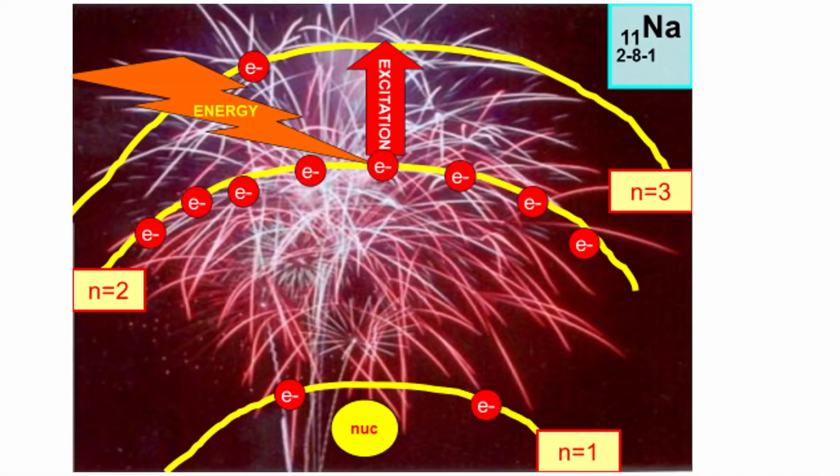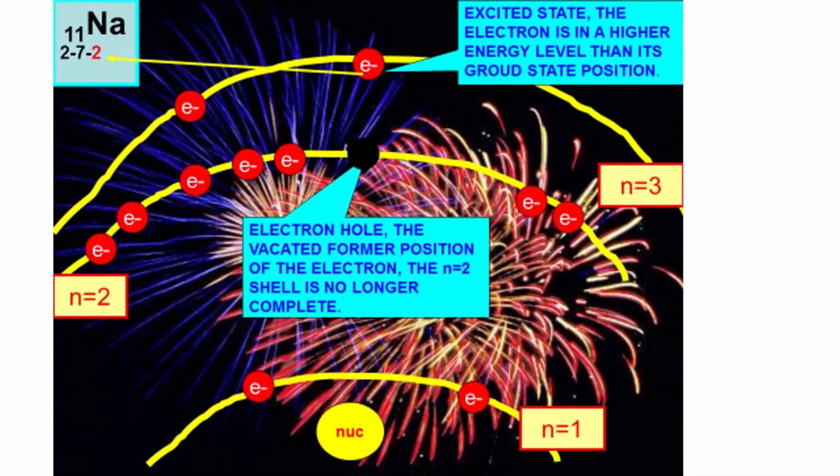So again, just to wrap everything up, let's look at this in more detail. So here is a firework, and we're going to look at this specific electron. Energy is coming into that electron, so that means the electron is being excited and is going to jump in energy level and get farther away from the nucleus.